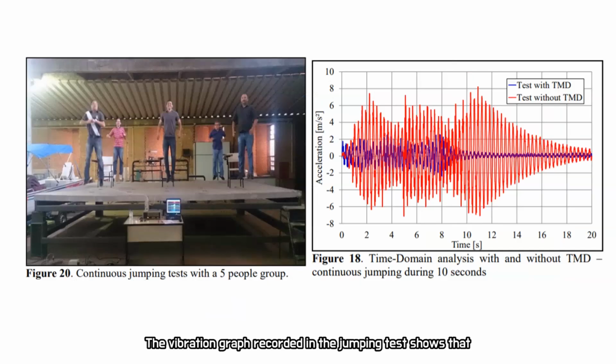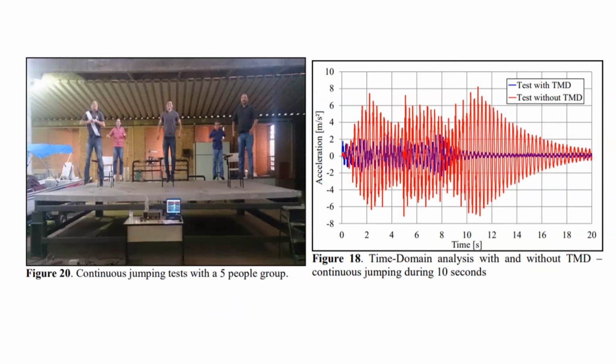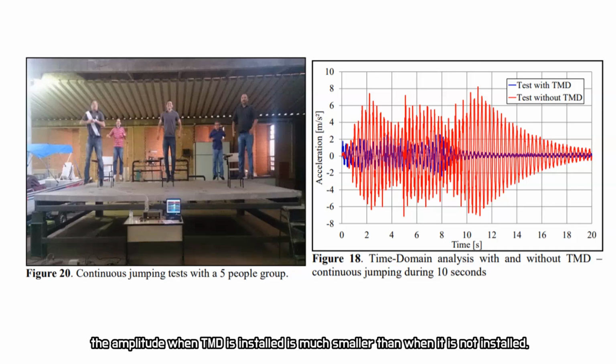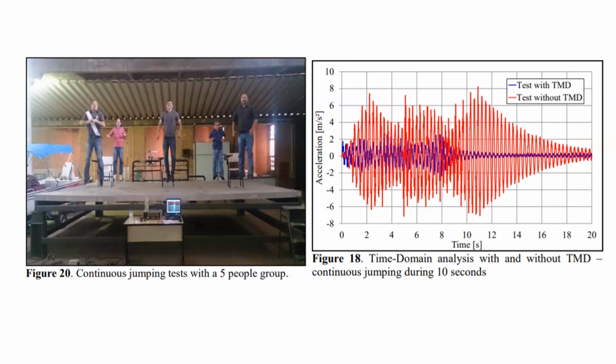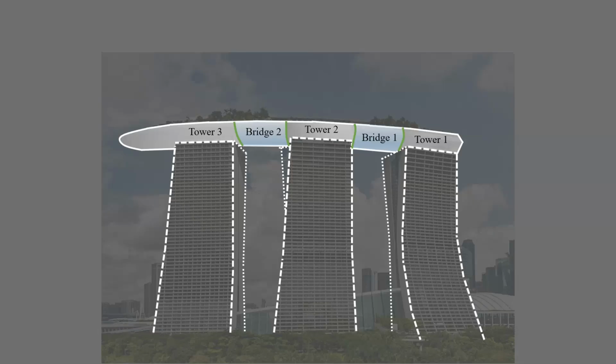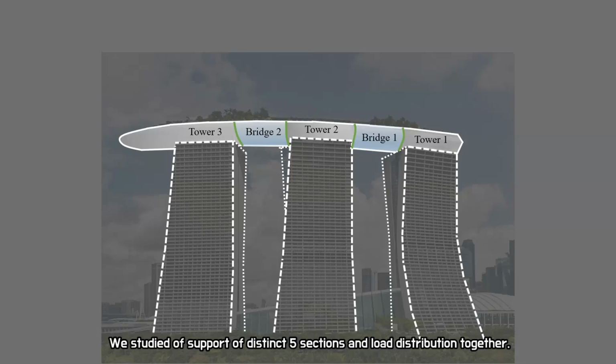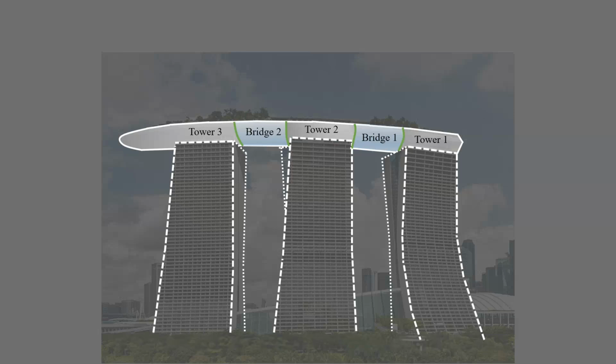The vibration graph recorded in the jumping test shows that the amplitude when the TMD is installed is much smaller than when it is not installed. We studied the support of distinct 5 sections and load distribution together. Today, we discussed why the cantilever structure did not collapse.